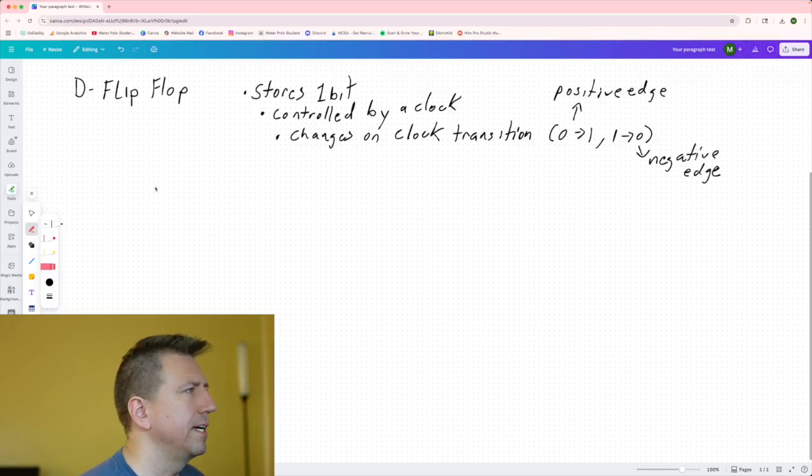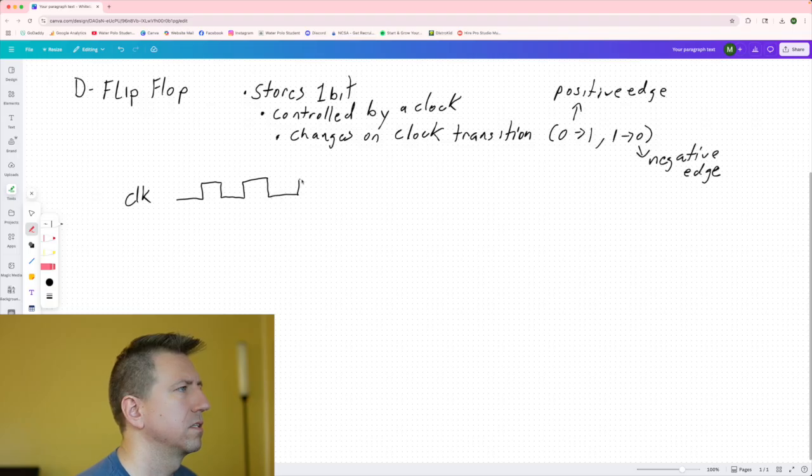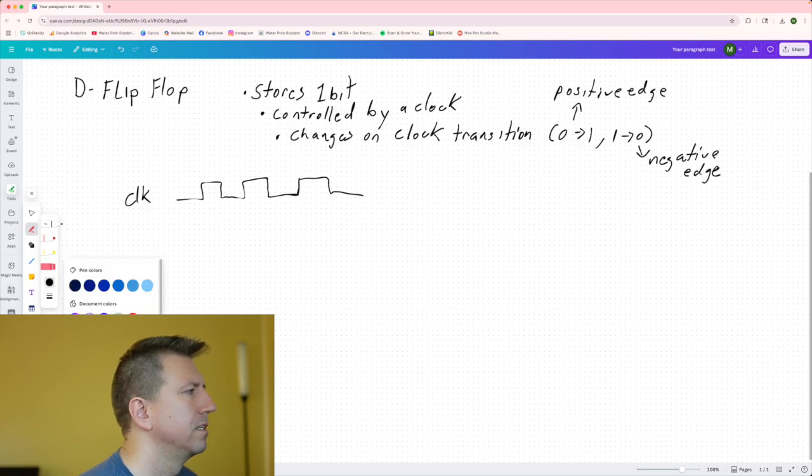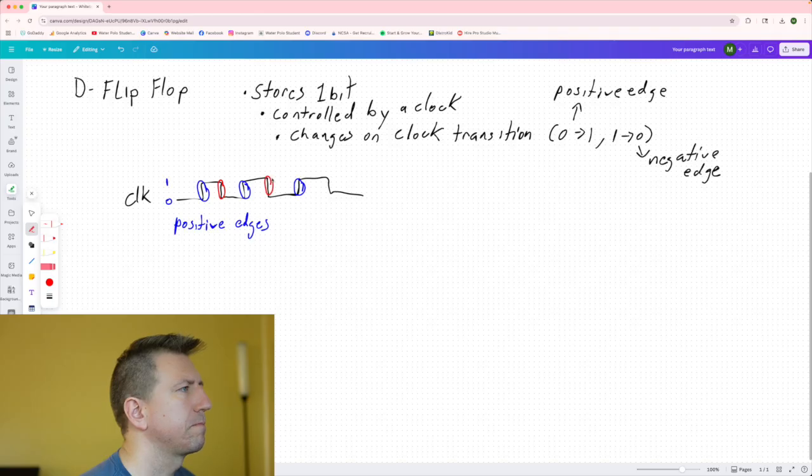So if I have a clock signal that looks like this, we have edges going from 0 logic level to 1 logic level right here, right here, and right here. Those are all positive edges. And then we have the edges going from 1 to 0. These are all the negative edges.